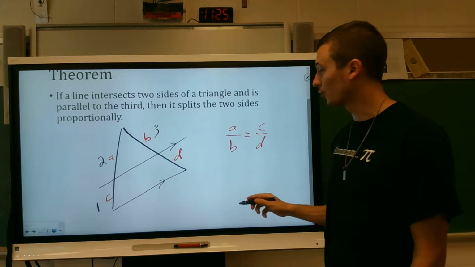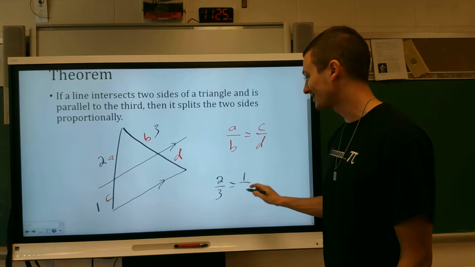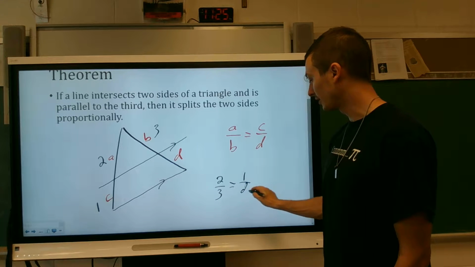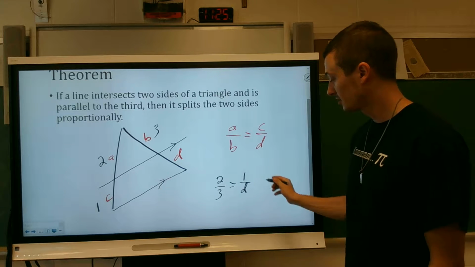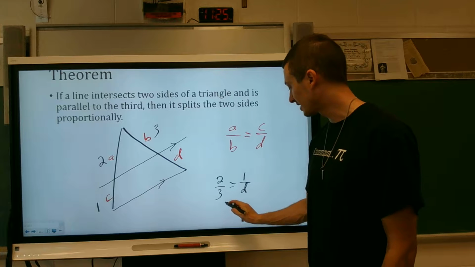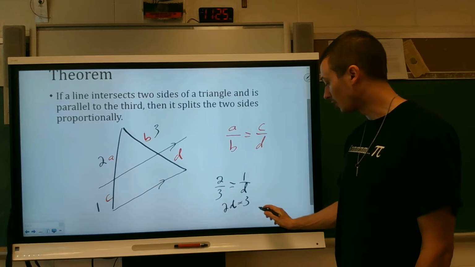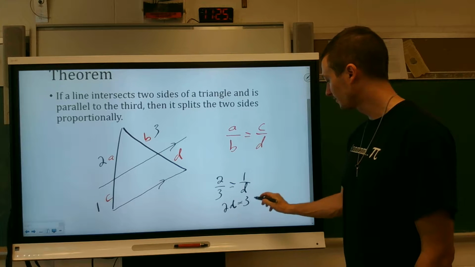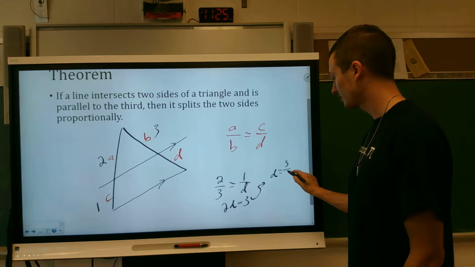Then I can use this formula and say 2 is to 3 as 1 is to something, whatever D is. And I can use the cross product and say that 2D equals 3, and solving, dividing both sides by 2, I get that D is 3/2.